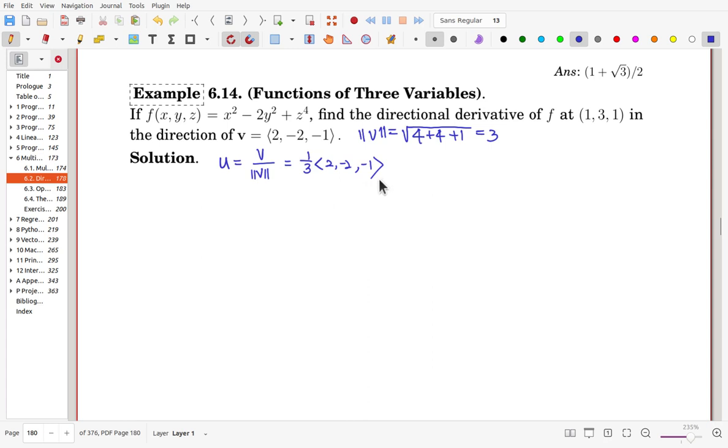So here we have u = 1/3 of (2, -2, -1). Now we have to find f sub x, f sub y, f sub z, and evaluate them at (1, 3, 1). f sub x, the x derivative, is 2x, and y and z are considered constant. f sub y, the y derivative, is minus 4y, quite easily, and f sub z is 4z cubed.